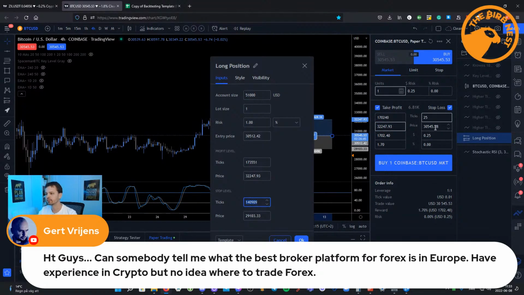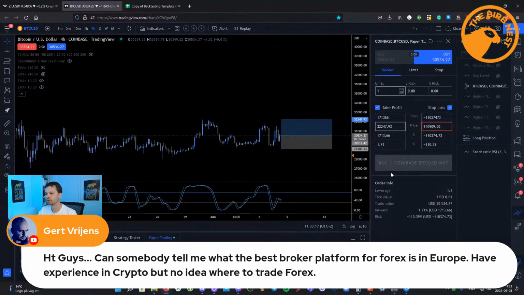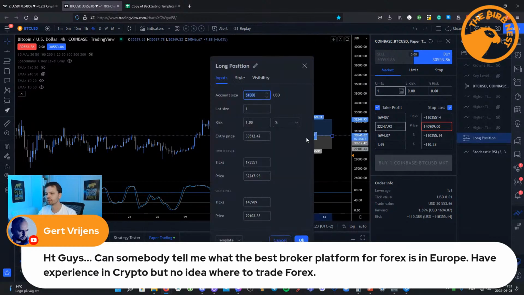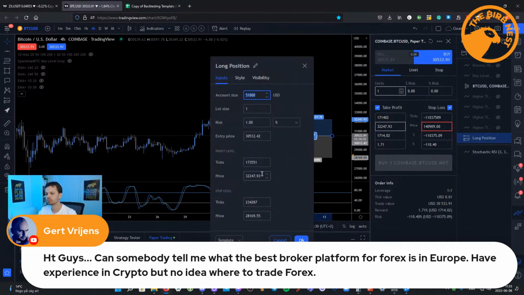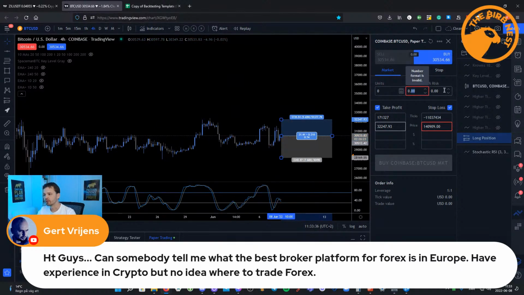All right, what's wrong here? Entry price, market, stop loss. It's weird. All right, risk 1%. You can select that you want to risk 1% of your trading capital. I'm not sure what I'm doing wrong here.